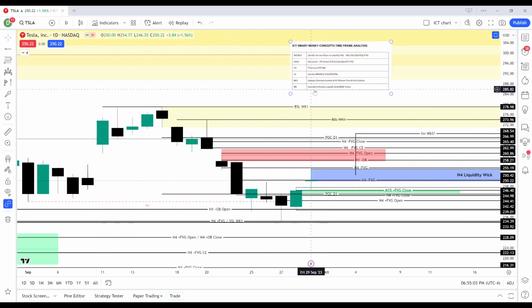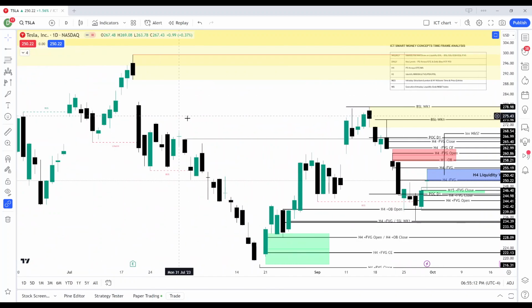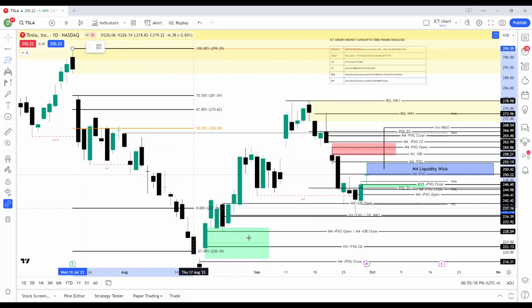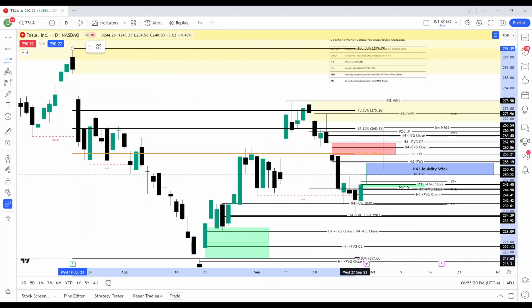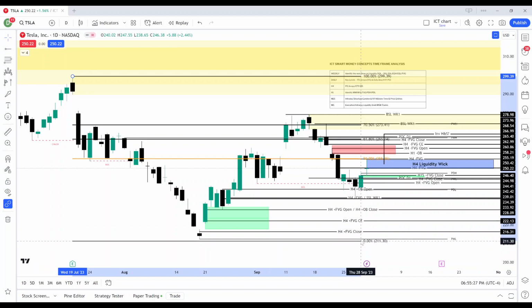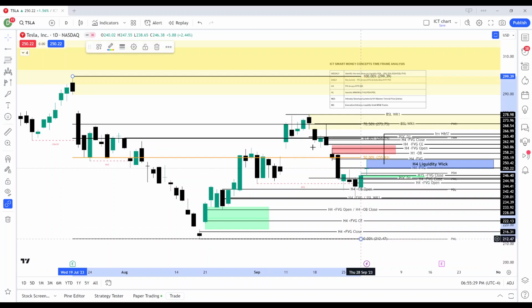Okay, so now we're also going to look at premium discount or optimal trade entry. And we'll look at it on the daily chart. Okay, on the daily chart, we did have, which is a big one, a large optimal trade entry that brought us back to right here, optimal trade entry, right?